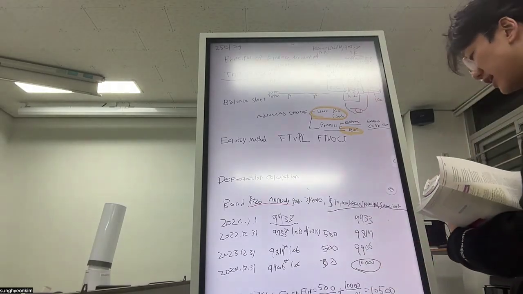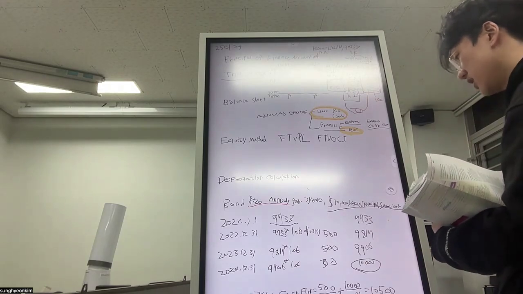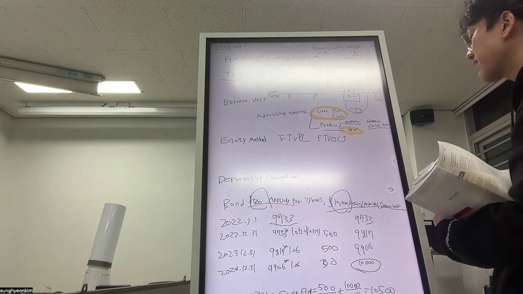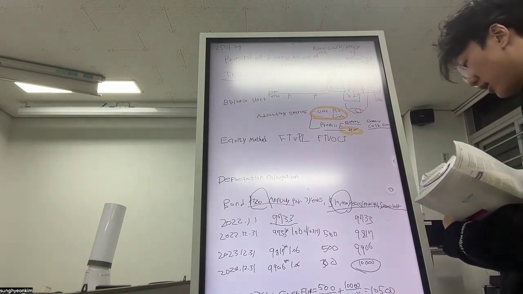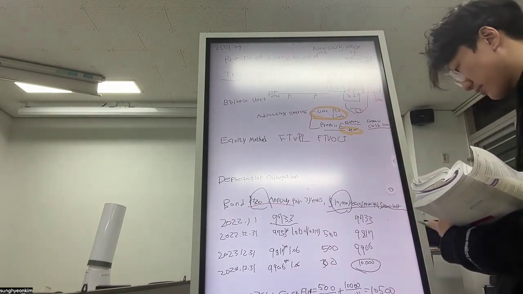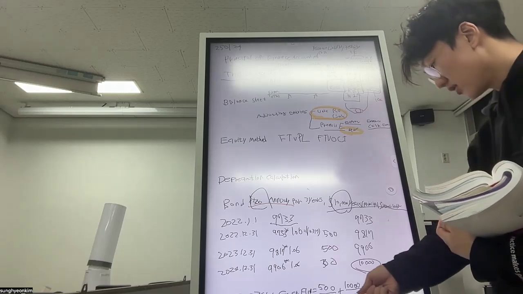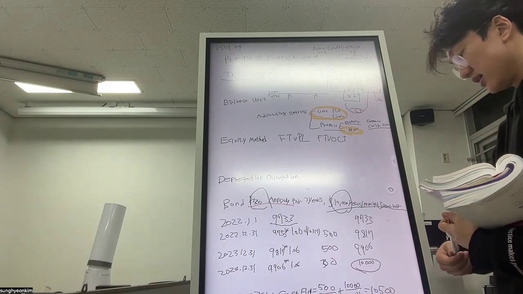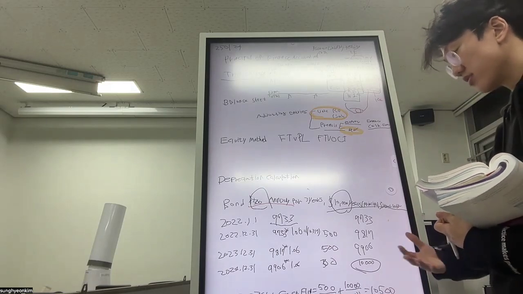You can calculate it in another way, which is you will get $10,500. So you can just divide it by one year of interest rate.